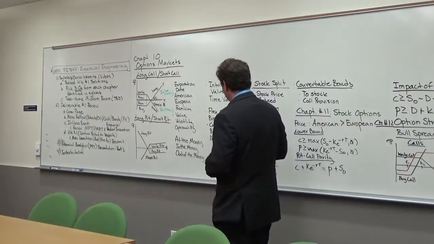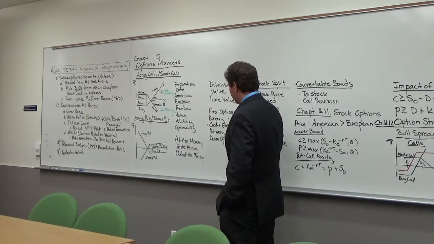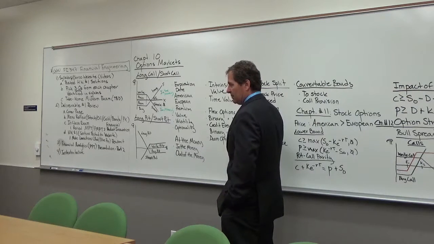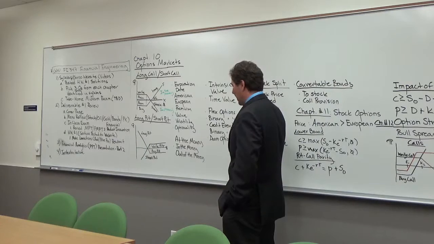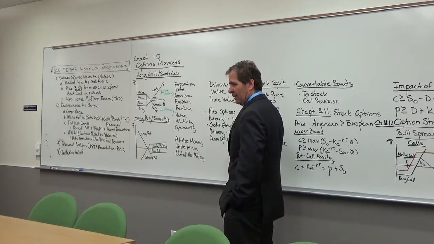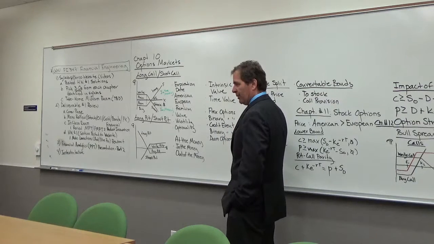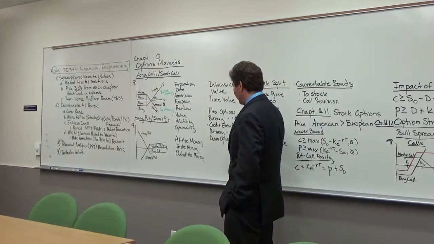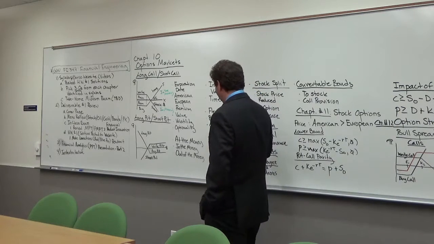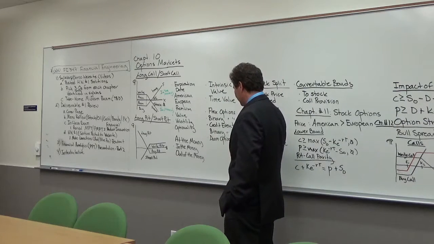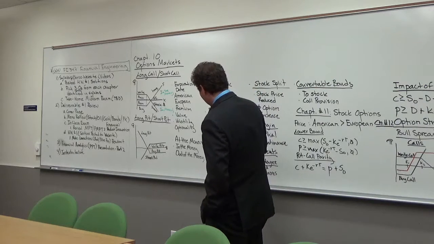To compete against swap contracts in the over-the-counter market, the Chicago Board of Trade and the Chicago Mercantile Exchange have invented flexible options and binary options and credit event options and credit event binary options, and doom options.